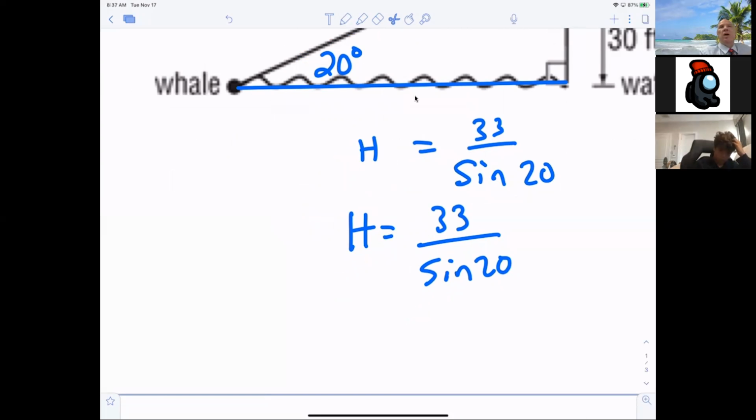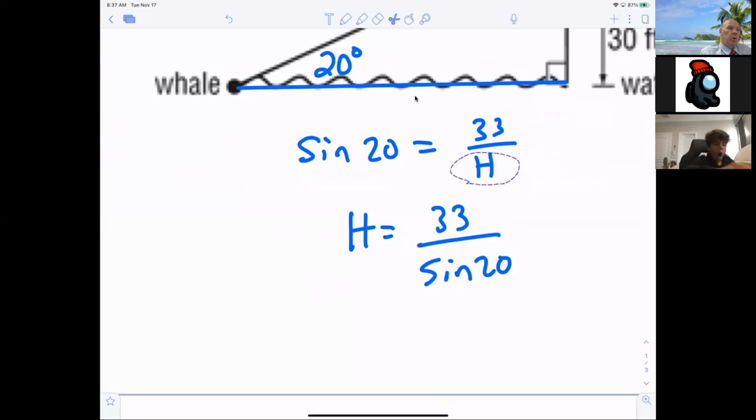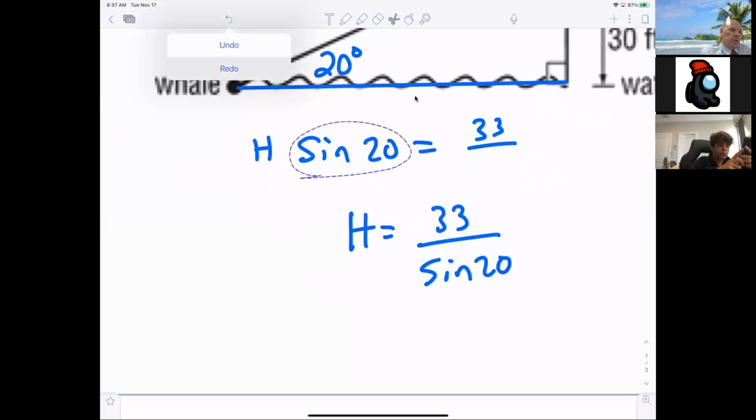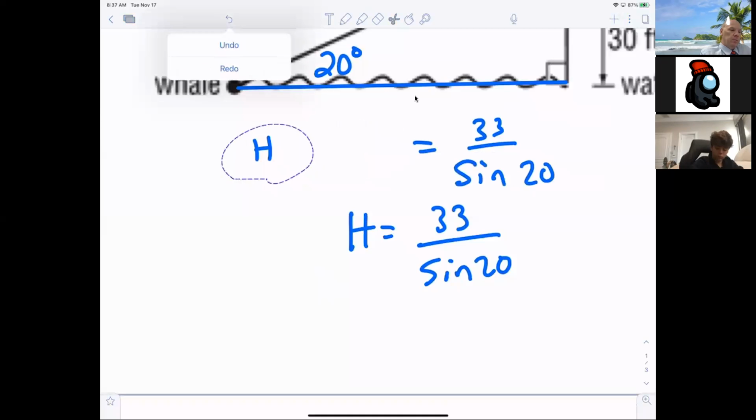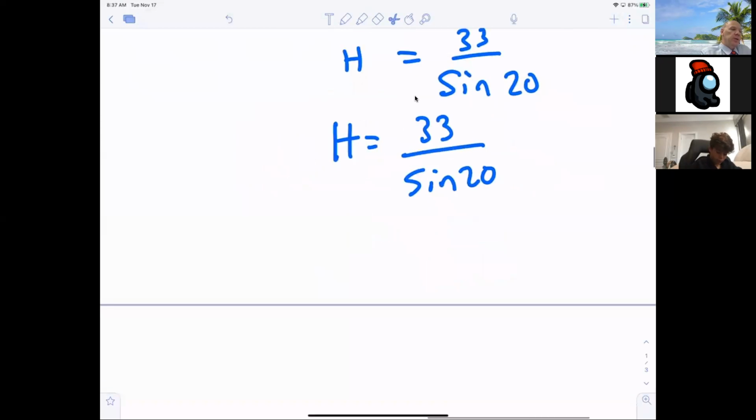But that just means you're not good with fractions. Anybody have any questions? Any issues with that? All right, to 3 decimal places, the whale's approximately what?